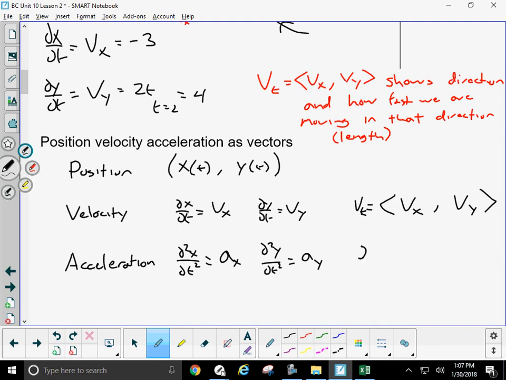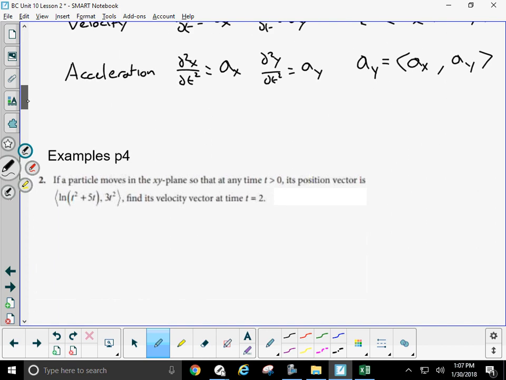And our vectors, we can look at an acceleration vector, or how quickly things are changing in whatever direction. A sub x comma a sub y. Okay, that's it. Just kind of new notation and making sure we understand that we're talking about an x velocity and a y velocity.